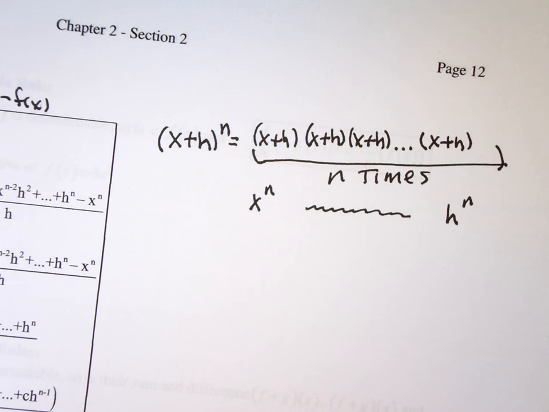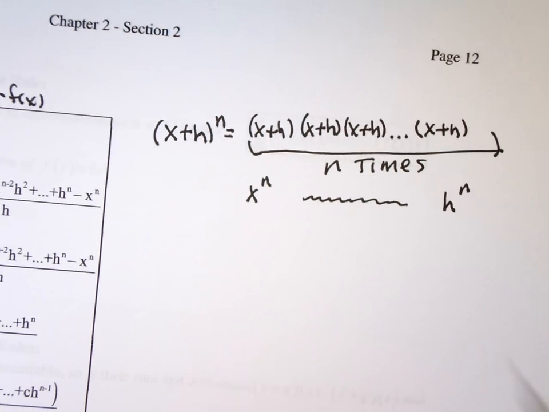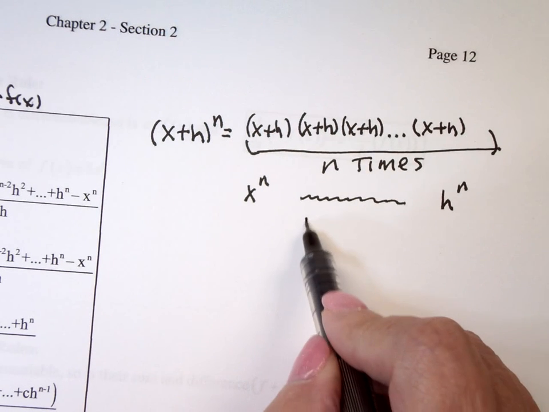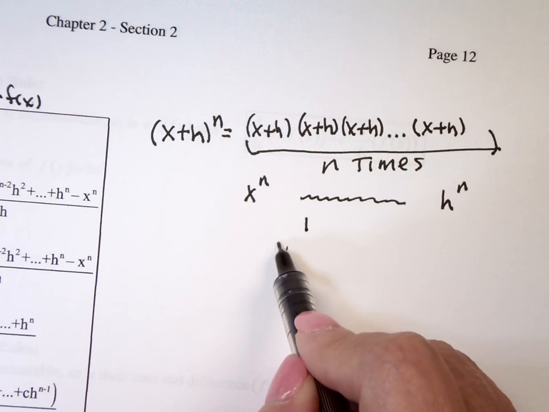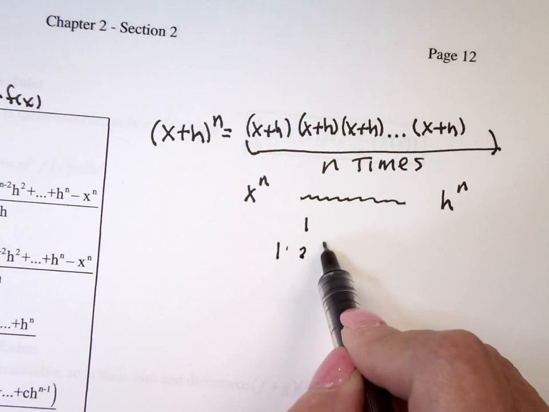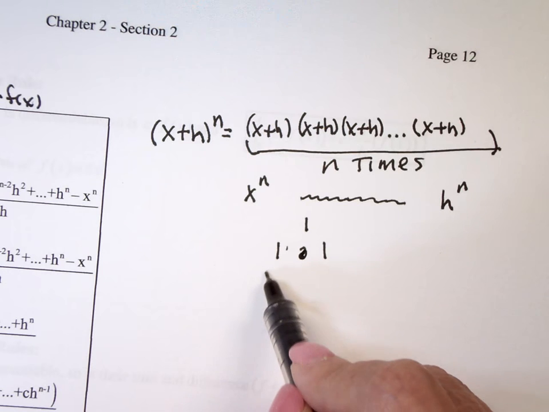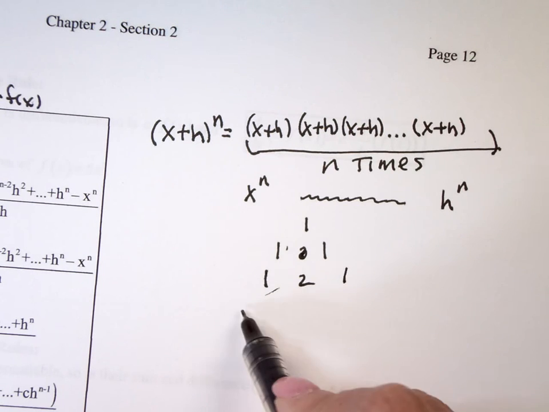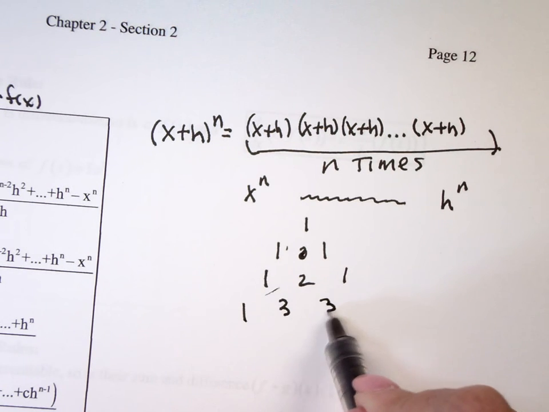Now, if you go to Pascal's triangle, or the binomial theorem, there's a way to expand these guys. Pascal's triangle would say the coefficients would be 1, and then 1, 1, and then 1, 2, 1, and then 1, 3, 3, 1.